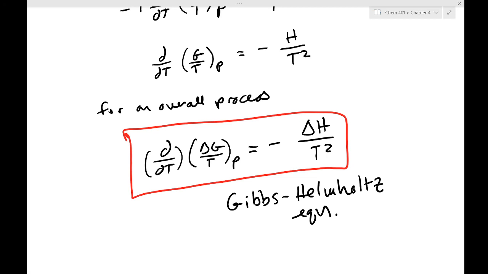It turns out that this is extremely useful in figuring out the spontaneity of a process given known delta H values. It allows us to go back and forth between delta H and delta G, so that's why it's so useful and important.